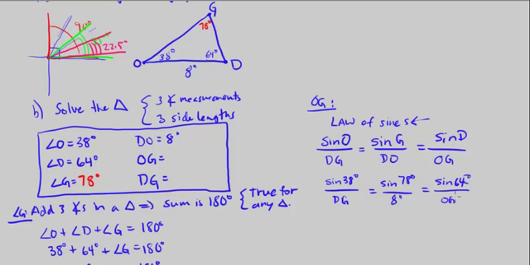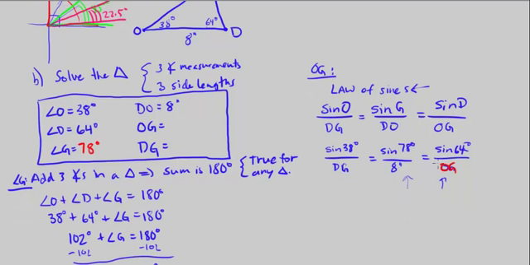I'm looking for OG. OG, let me put right here, is right here in red. So I'm going to use the two expressions, these two, because this one we have an unknown, and I want to just use these two to solve for the one unknown first.